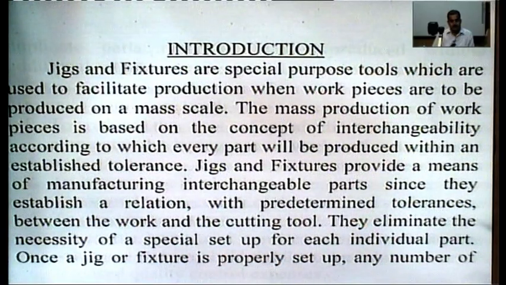Jigs and fixtures provide a means of manufacturing interchangeable parts since they establish a relation between the work and the cutting tool. They eliminate the necessity of special setup for each individual part.